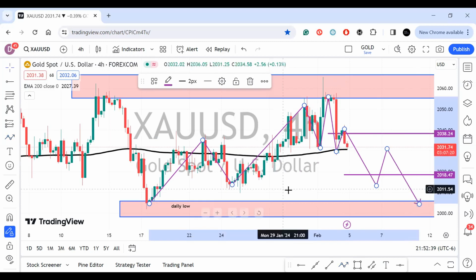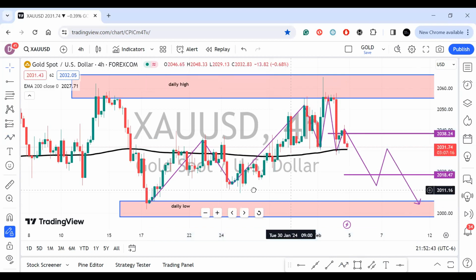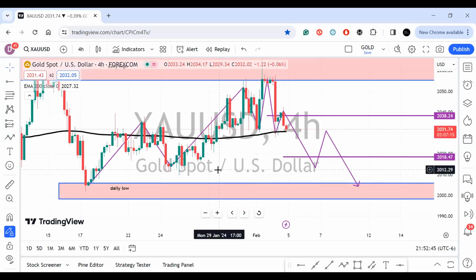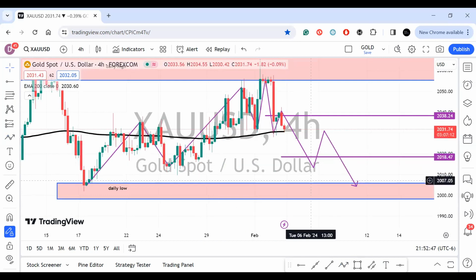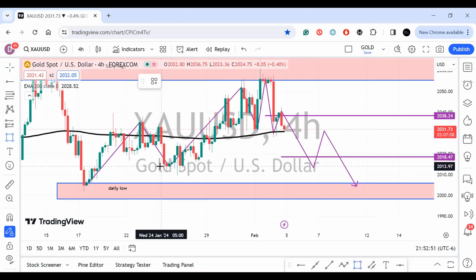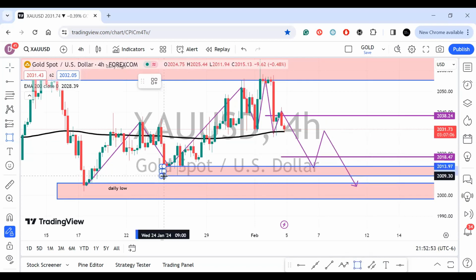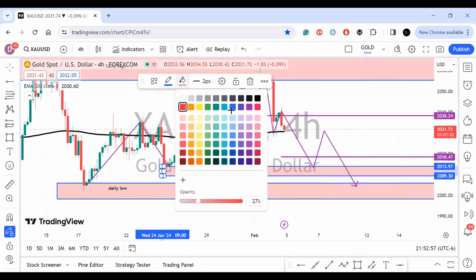So this is what I'm looking for in gold for tomorrow. At least I'm looking out for price to sell down to this H4 structure. For the H4, I like to use blue color.